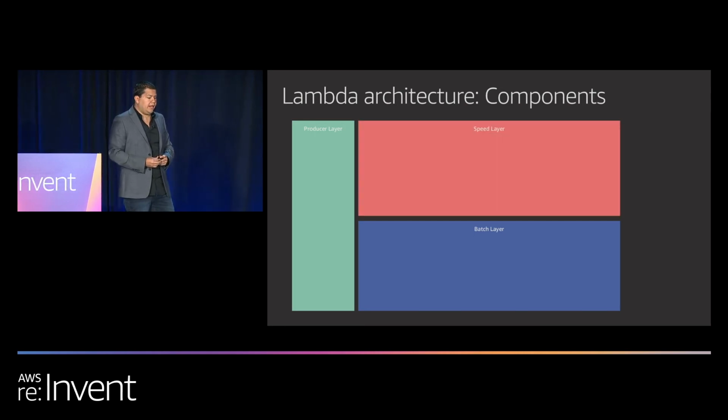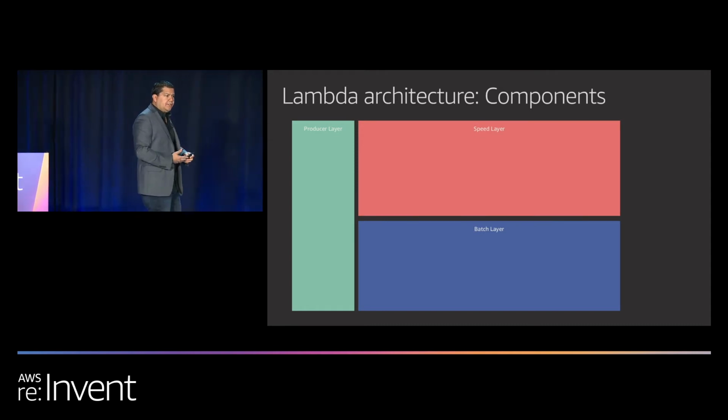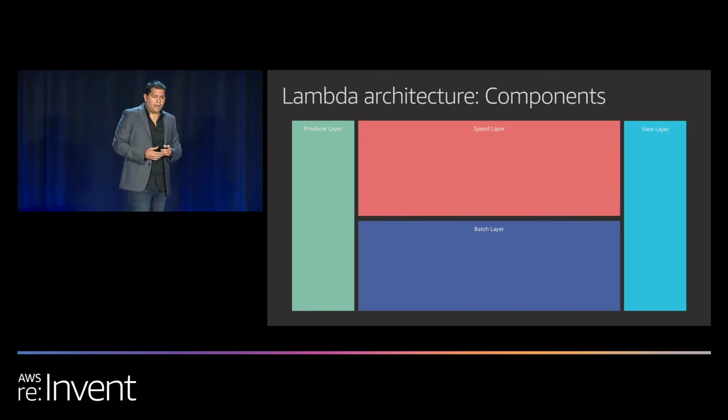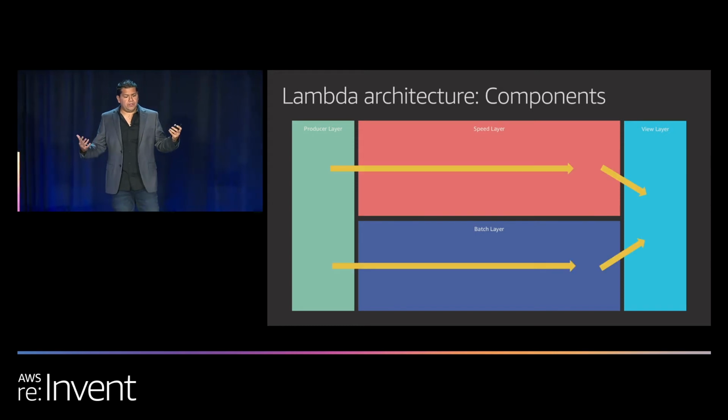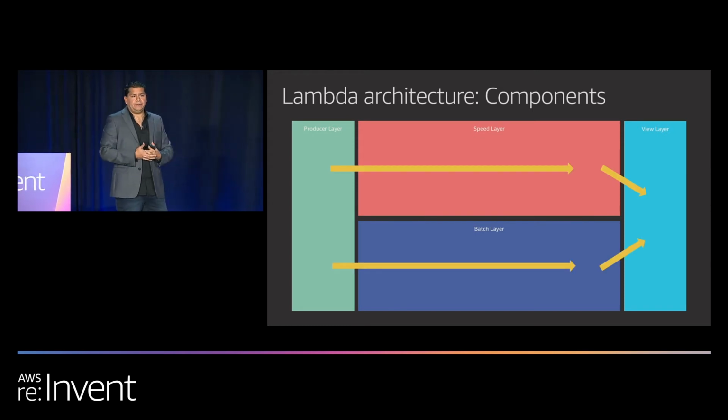And also, we have the real-time layer. This is Kinesis. This is MQTT, maybe HTTP, this is the IoT service, okay? And in the end, we have this merge serving layer, which means that both layers have to be merged at some point to get valuable answers.